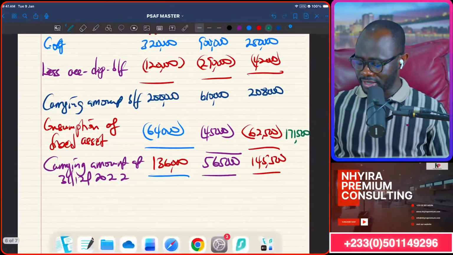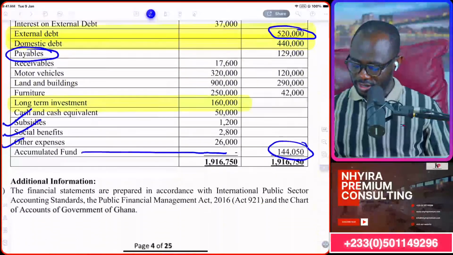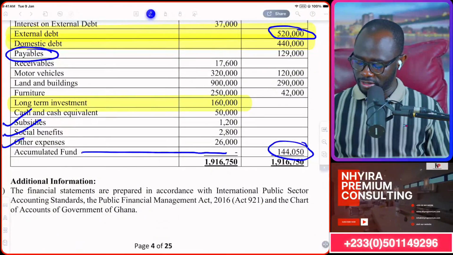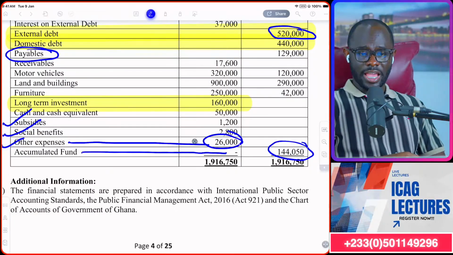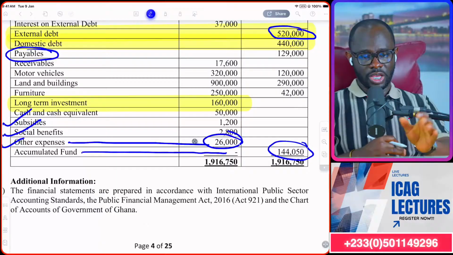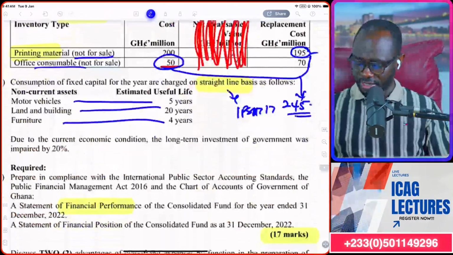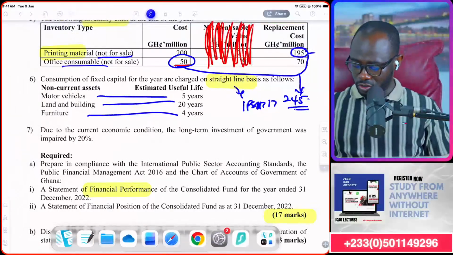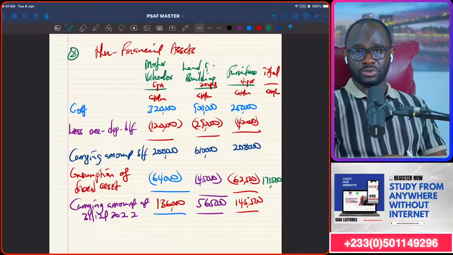In some cases, it could be added to the other expenses that we saw in the trial balance. Again, it's a discretionary issue. In some cases, it could be added there, but that is the idea there. So that is footnote 6, consumption of fixed assets, and what we do there.